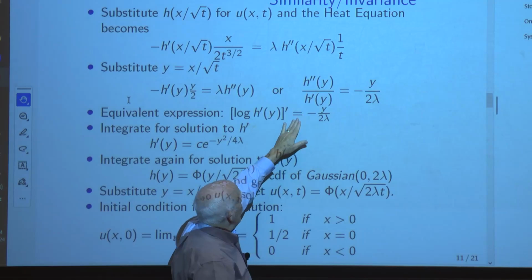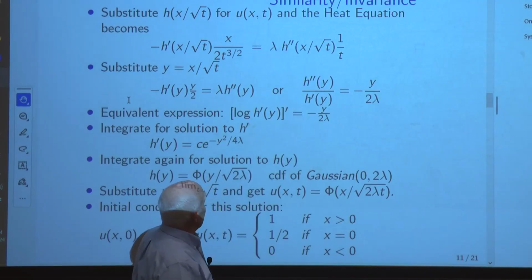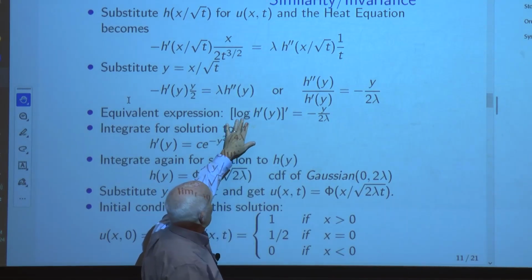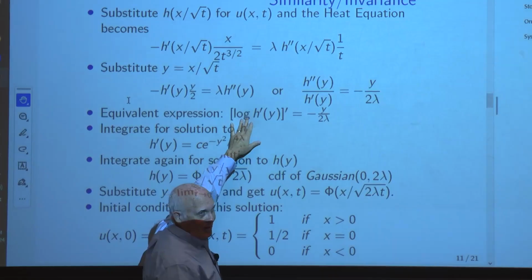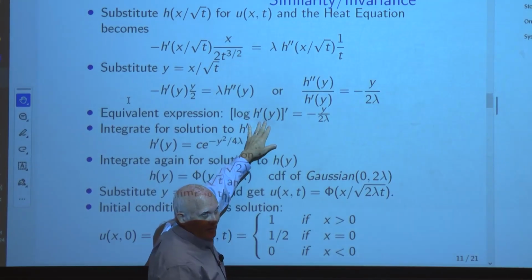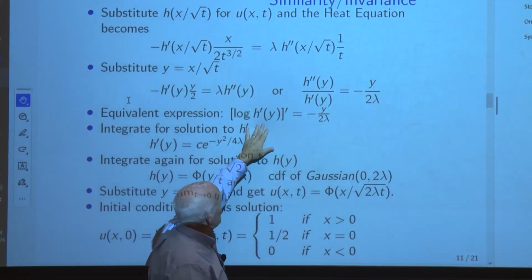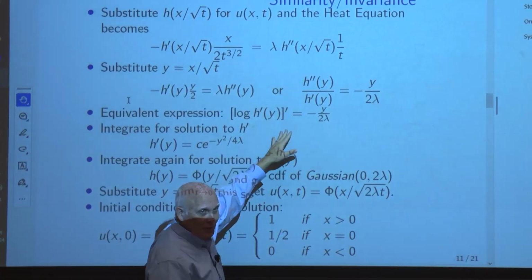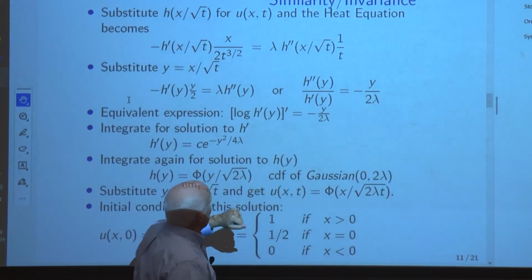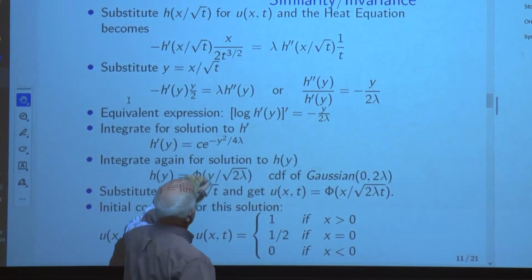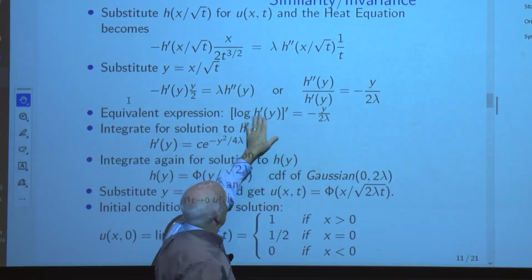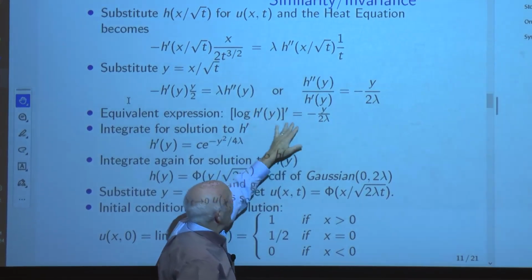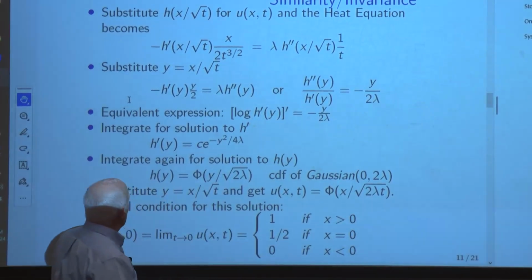Now, this second derivative of h divided by the first derivative of h is equal to the derivative of the log of the first derivative. So it's 1 over the first derivative times the derivative of the first derivative. So we have that the derivative of the log of the derivative of h is equal to minus y over 2 lambda.